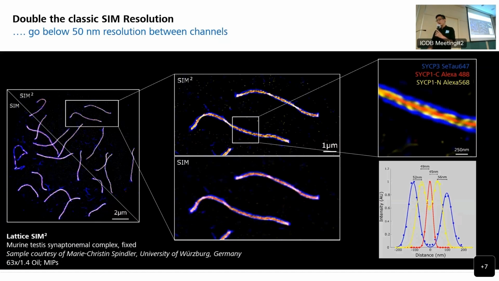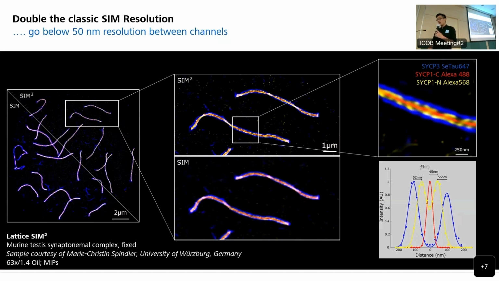We can actually see two blue chromosomes and the red and yellow internal structures, and we can visualize the details. You can see the resolution can reach about 50 nanometers. Even the scale bar at 1 micrometer is much larger than the actual resolution.